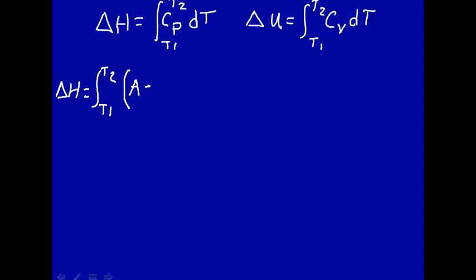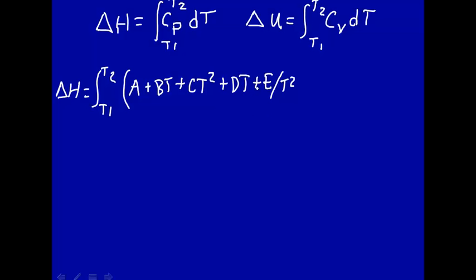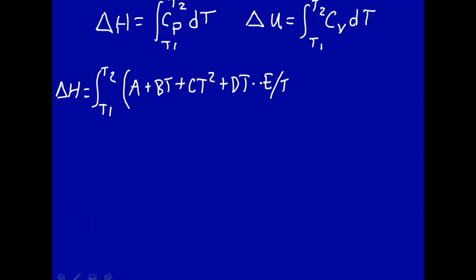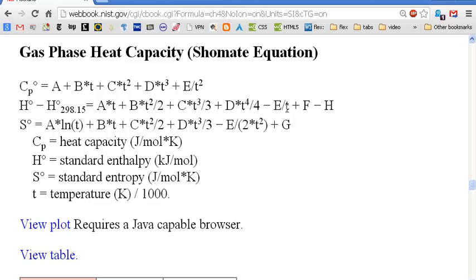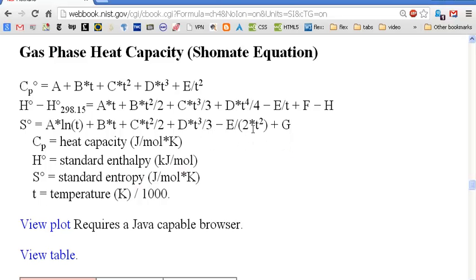That's A plus B t plus C t squared plus D t cubed plus E over t squared. We'll just check that.